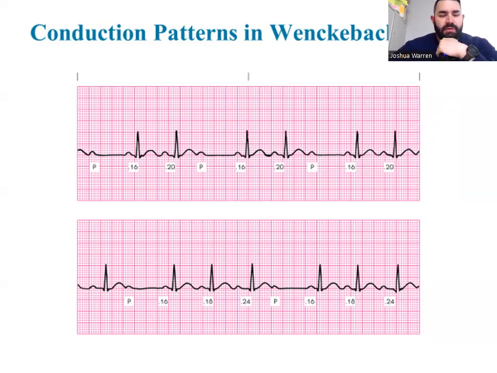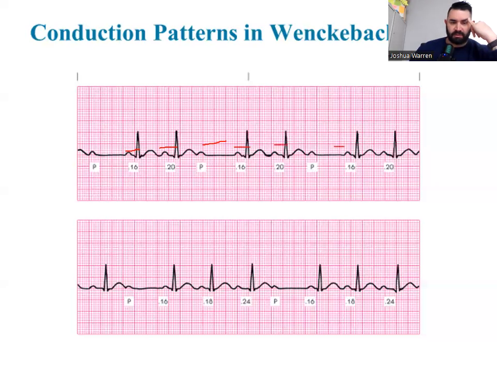So as you can see on that top notch right there, the PR interval is 16 on that first one. So 16 will be how many blocks? 4 blocks. So we're 4 blocks, we're 5 blocks, then we're gone. Which means it probably went beyond 5 blocks, probably 6 or 7, and we dropped a beat.